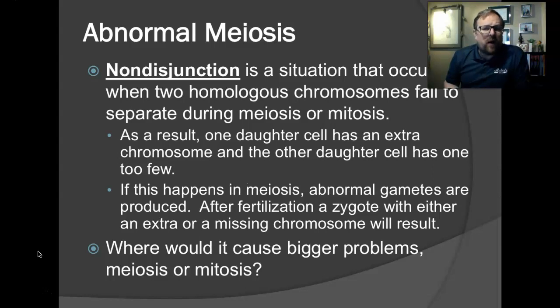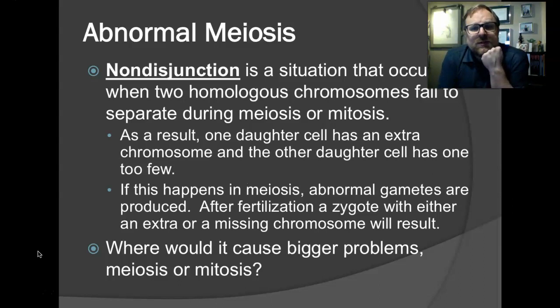Okay, so if you thought about it for a second, what do you think your answers were? My impression is that it's going to cause a bigger problem in meiosis, because the purpose of meiosis is to produce a new individual. And if you have abnormal meiosis taking place, then there's a chance that all of that individual's cells will have one too many or one too few chromosomes.